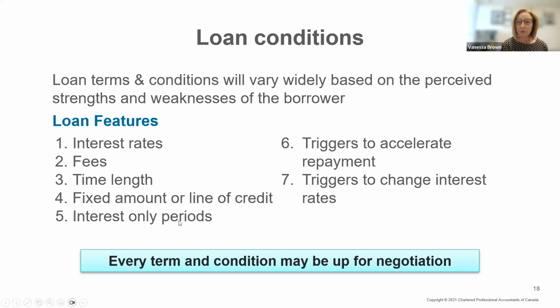There might be interest only periods. So what I see in the seasonal businesses, say a golf course, they will have interest only during the winter. And then during the summer, they repay principal, and they repay it generally at the rate that it would have been if it was a 12-month loan, but they do it over the 5 or 6 months that they're actually open and have cash flow.